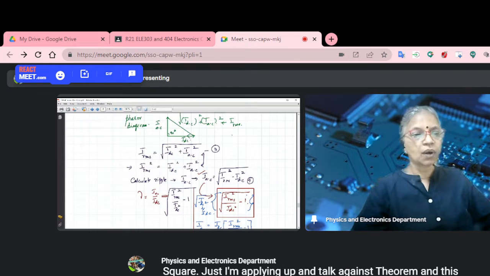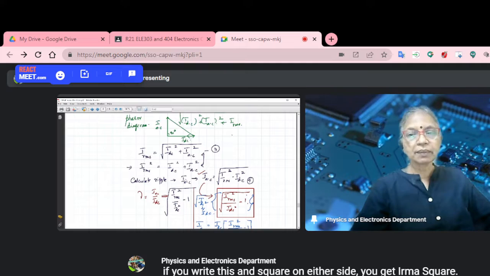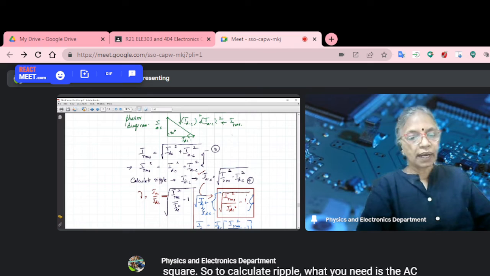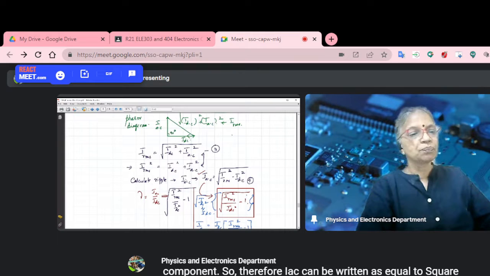So to calculate ripple, what you need is the AC component. Therefore, IAC can be written as equal to the square root of IRMS square minus IDC square. By definition, the ripple factor is equal to IAC by IDC.